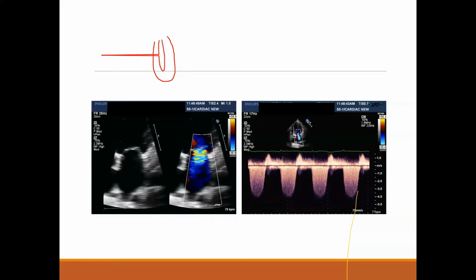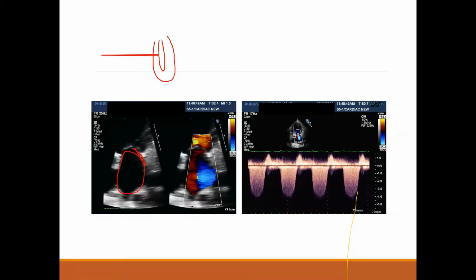While if I have an eccentric, wall-hugging jet going this direction, it might look slim, but it is severe.